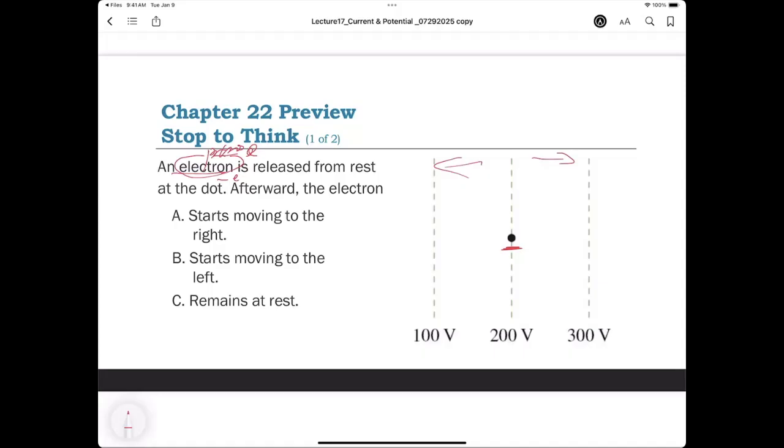We know the electron is a negative charge, negative e. So since it is negative, it should go to the positive charge. Does it make sense to you?